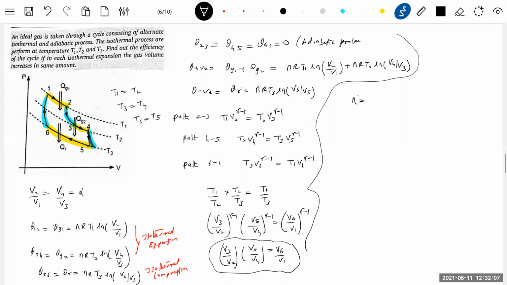Efficiency is equal to Q positive minus Q negative. Q negative will be nRT3 log of V6 by V5 all divided by Q positive. Q positive will be nRT1.